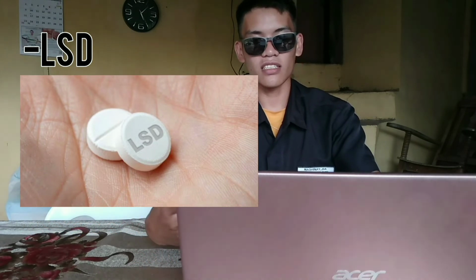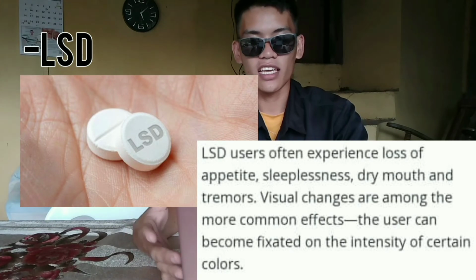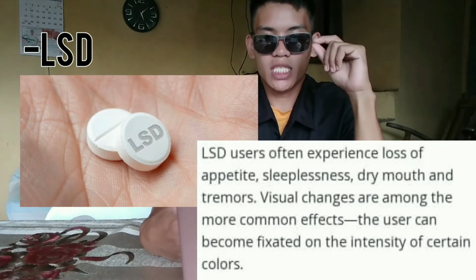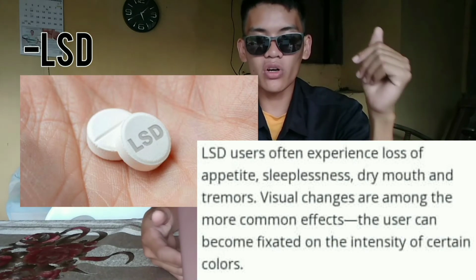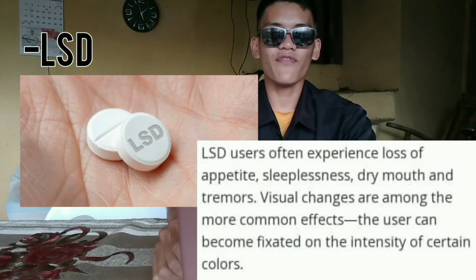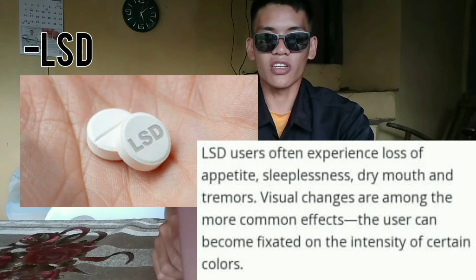LSD users commonly experience loss of appetite, sleepiness, dry mouth, and tremors. Visual changes are among the most common effects. The users can become fixated on the intensity of certain colors.